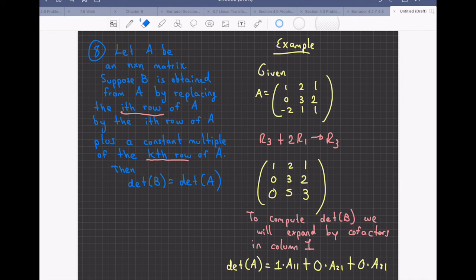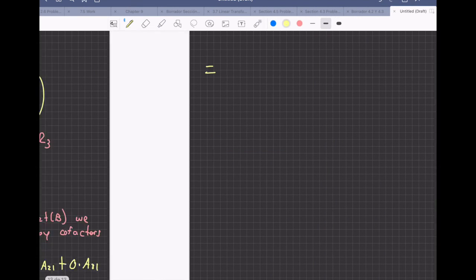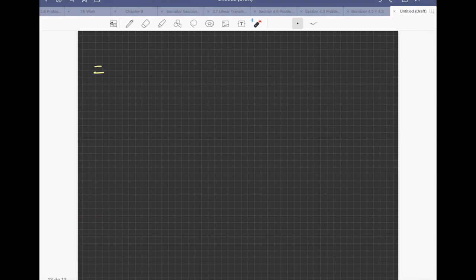So here we have only 1 times A11, so it's going to be only the cofactor A11.